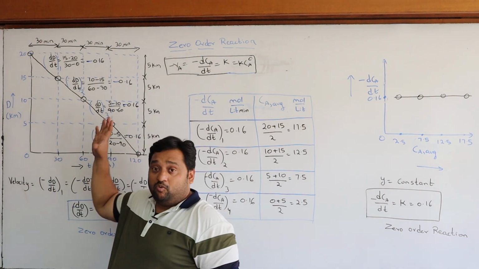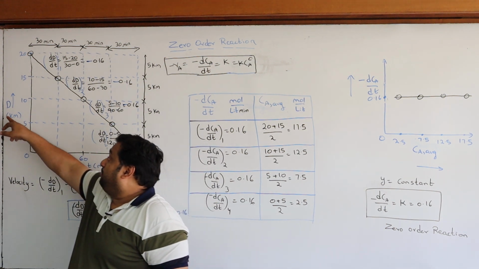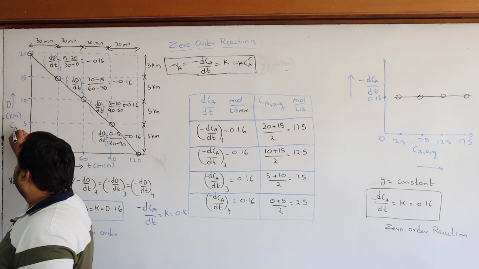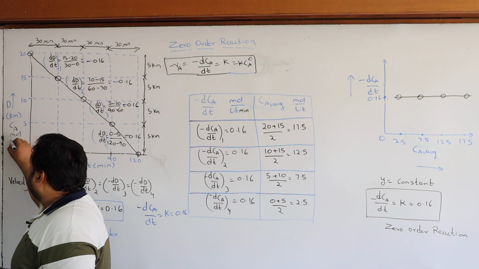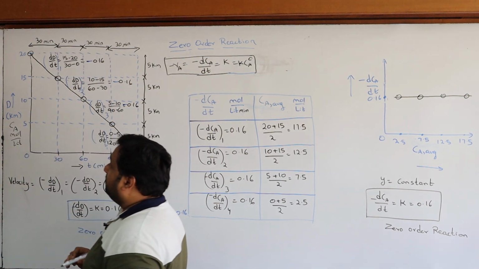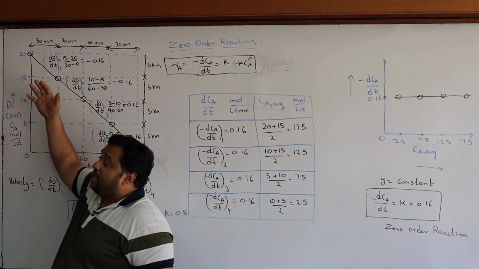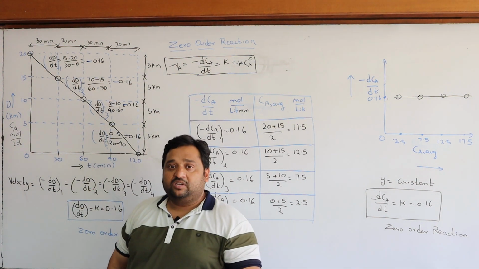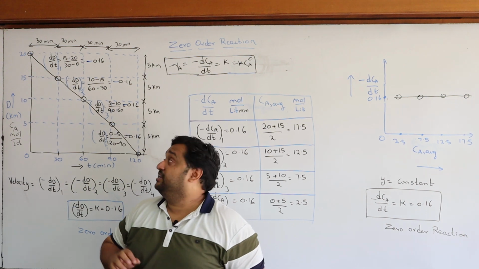Now you draw the analogy. Replace this distance with the concentration, in moles per liter. Now I have started a reaction in a batch reactor. The initial concentration I have kept is 20 mole per liter.